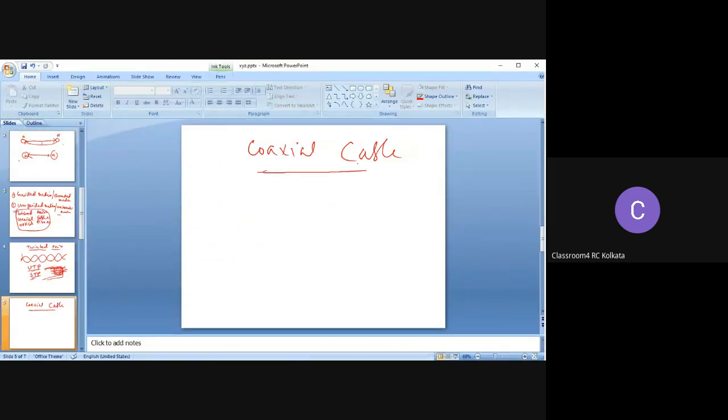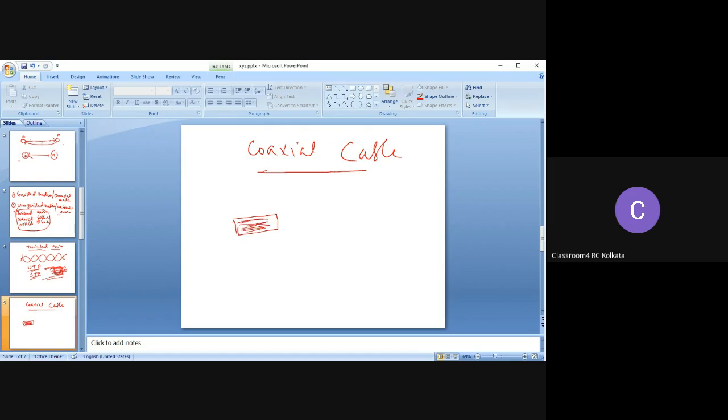The problem of interference and crosstalk is less compared to twisted pair. It is suitable for long distance communication and it supports more stations than twisted pair. Coaxial cable looks like this.